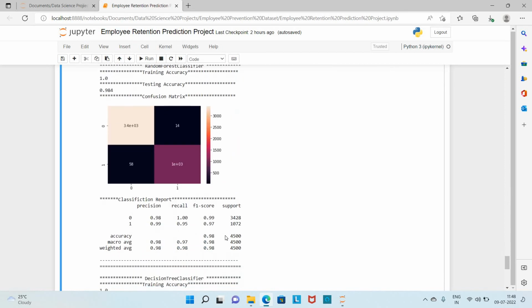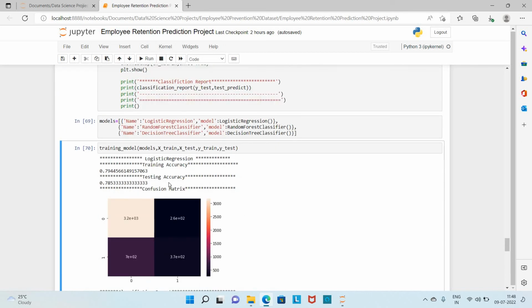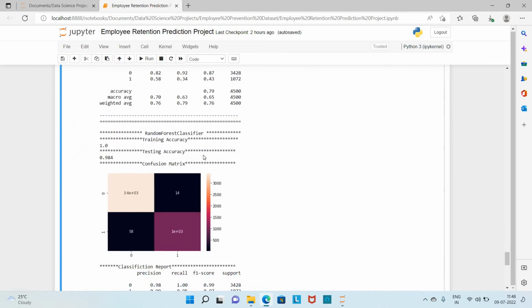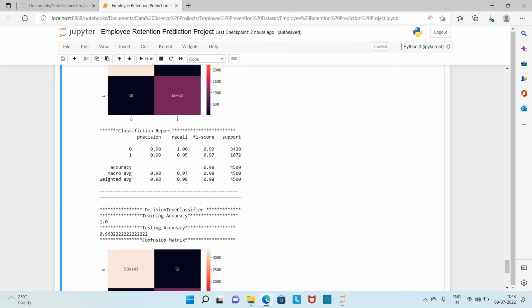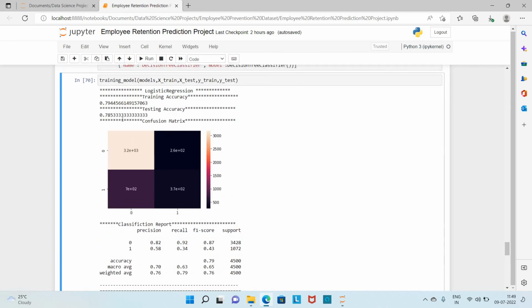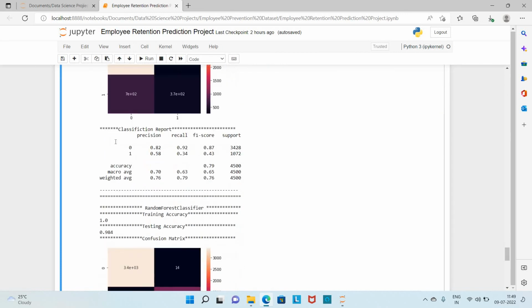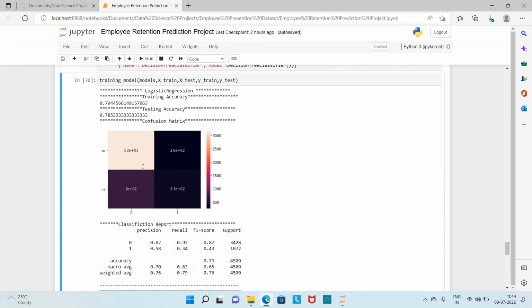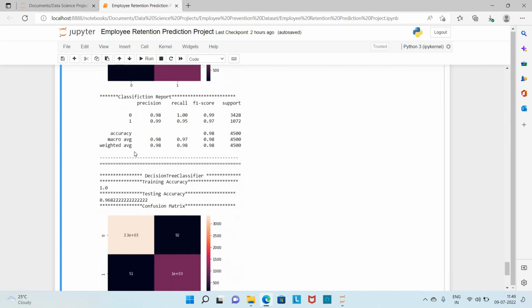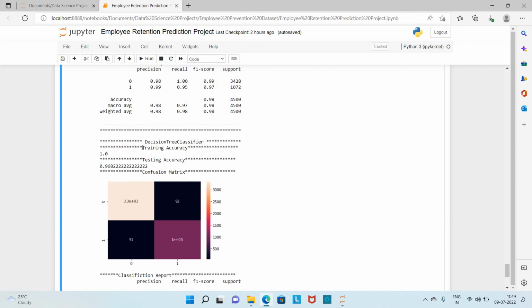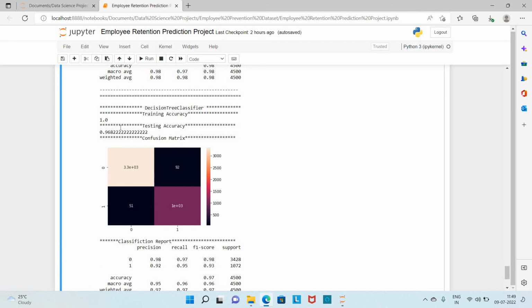If you compare these three algorithms, logistic regression has only 17% accuracy. The random forest has 98% in the test accuracy itself, which is high compared with this one. The decision tree classifier also has a good accuracy.